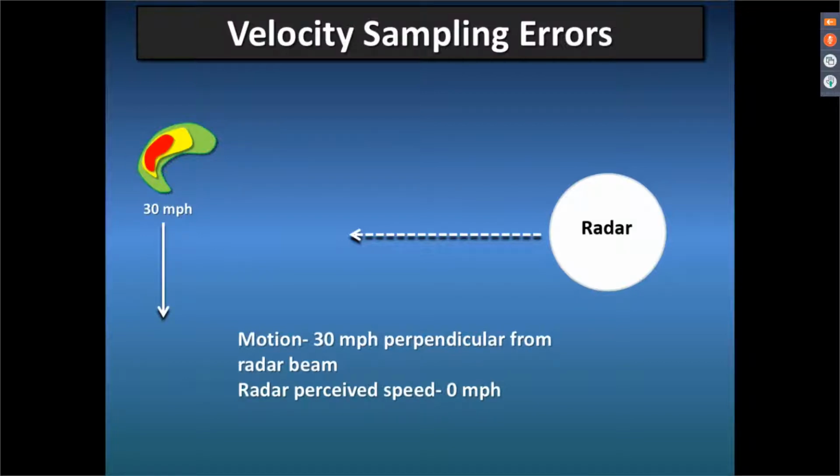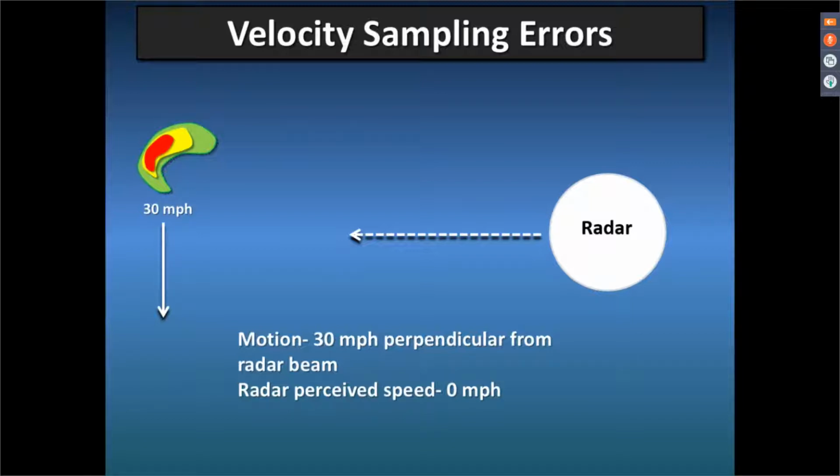Let's say this storm was moving due south at 30 miles per hour, so completely perpendicular to the radar beam. Well, the radar is not going to be able to determine what the wind speed is at all with that storm because it's moving directly perpendicular, not either towards or away from the radar.